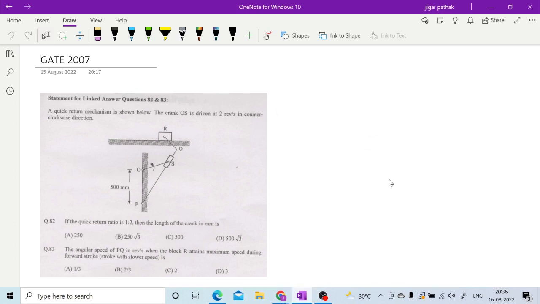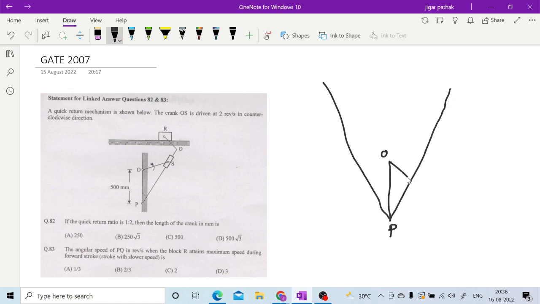So here this is a connecting rod given as OP, right? And this may be the extreme positions. This may be the crank OS, right? Now what is given is alpha by beta is 1 is to 2.